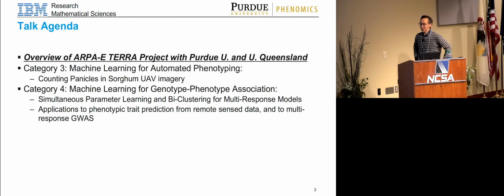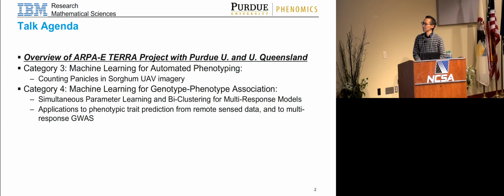Here's the overview of my talk today. I'm going to give just a short overview of the TERRA project itself. I may be preaching to the choir for some of you, but for those of you who may not be familiar, I'm just going to give a very brief overview, especially about the project that Purdue, the University of Queensland and IBM Research took part in. And then there are two parts to the technical content.